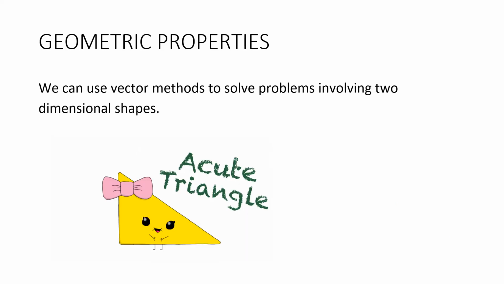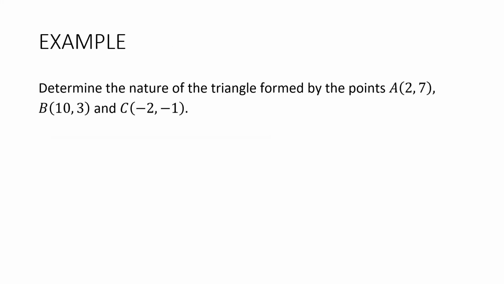Now we can use vector methods to solve problems involving two-dimensional shapes. So here's an example. Determine the nature of a triangle formed by the points 2, 7, 10, 3, and negative 2, negative 1. So what types of triangles can we have? Equilateral, isosceles, scalene, right-angled.